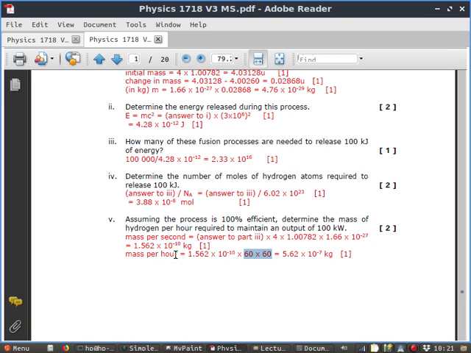The reason it's a little different is I think because of this answer. No, it's the same. Oh well, I don't know why it's a little different. Doesn't matter.